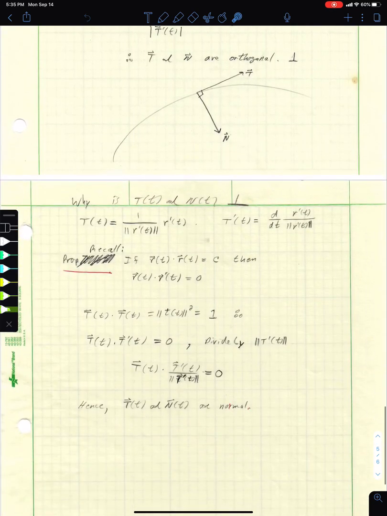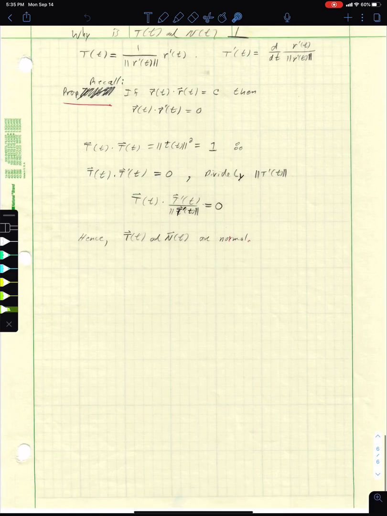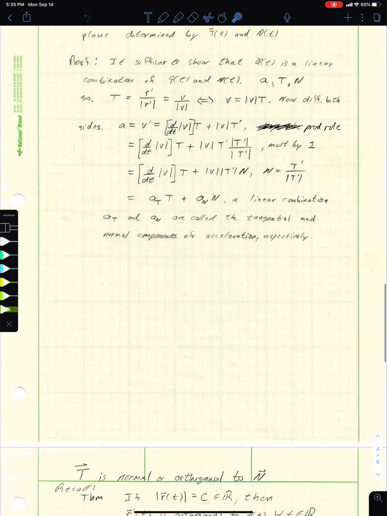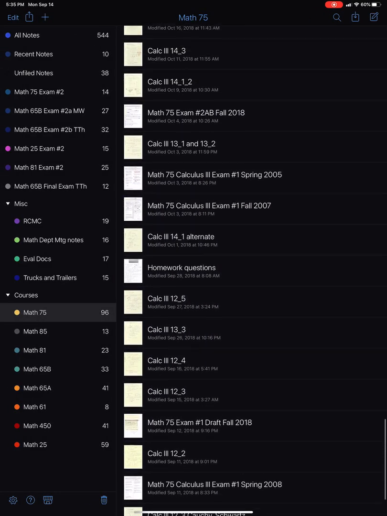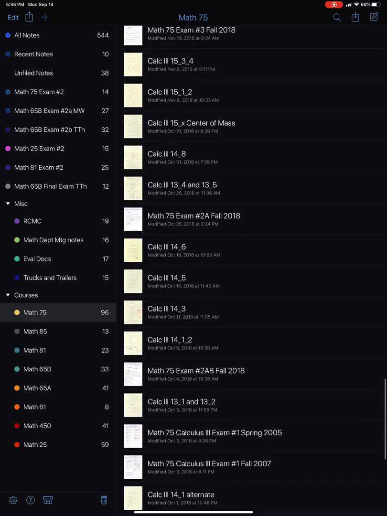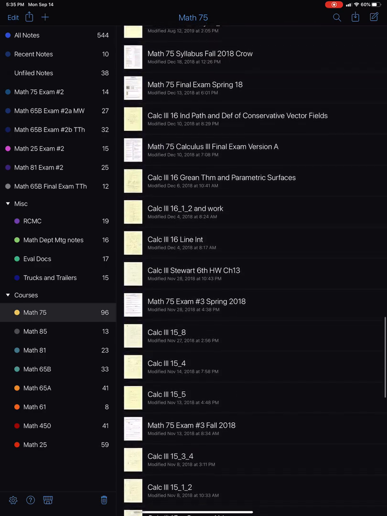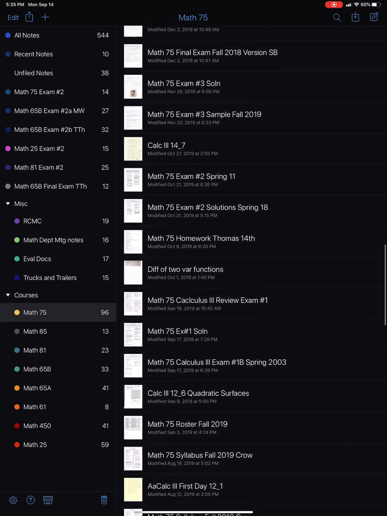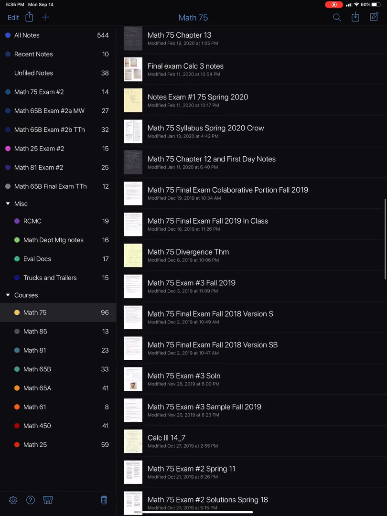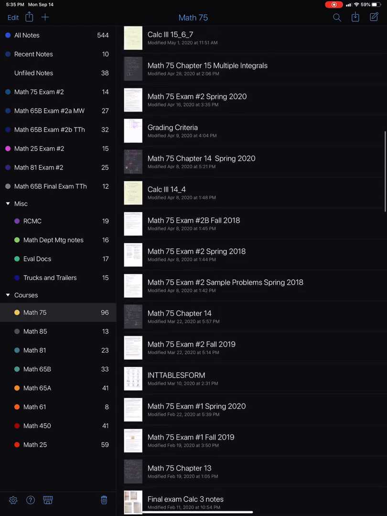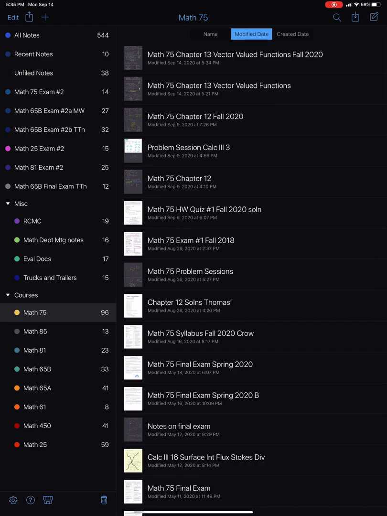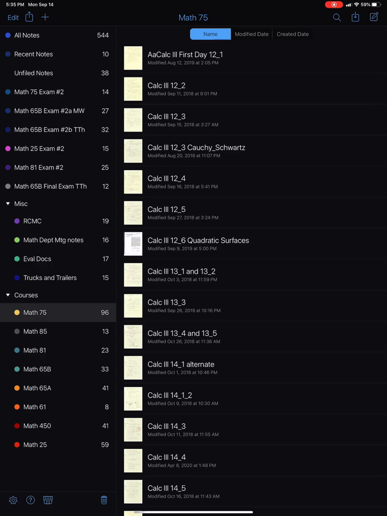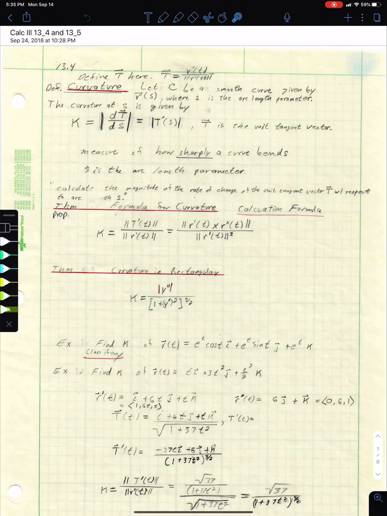Prove that one. Okay, so I don't really see it there. So curvature would be next. Let's try to find 13.4. I know I have a lot of stuff, don't I? I know it's in here. Let's just sort by name and see if I can find it. There it is. So curvature, here's the curvature.